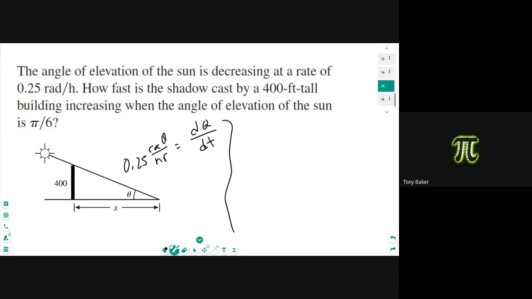Because I don't care how long that distance is, I'm looking at the angle, how the angle is changing. So as this changes, we want to know how long that is.